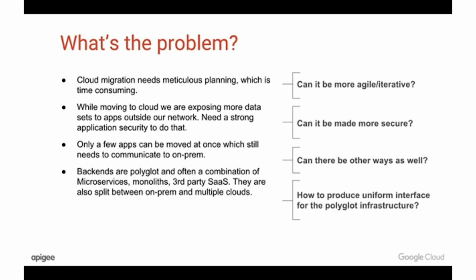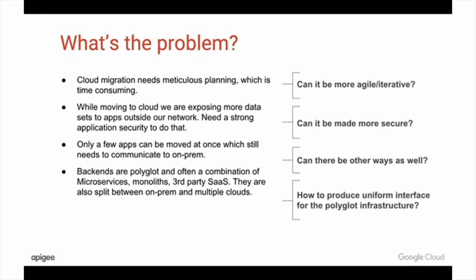So you want to be more agile, but the first step towards becoming more agile and responding faster to market demands has a very high barrier for entry, where it takes you a long time to do that basic thing of moving to cloud.